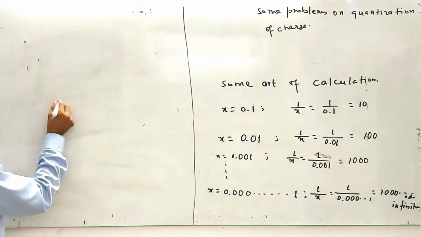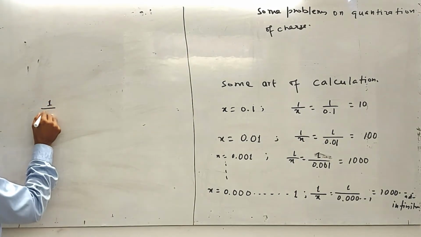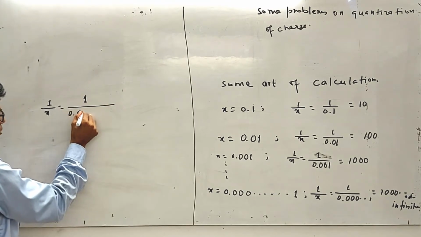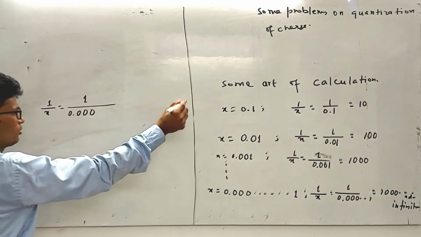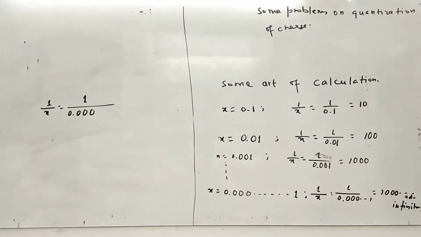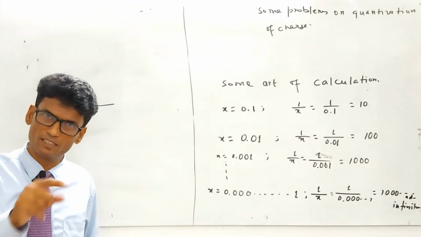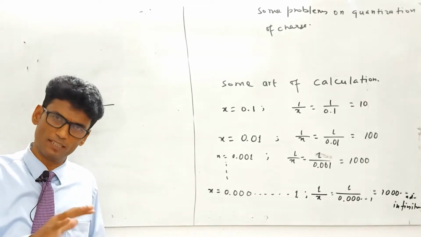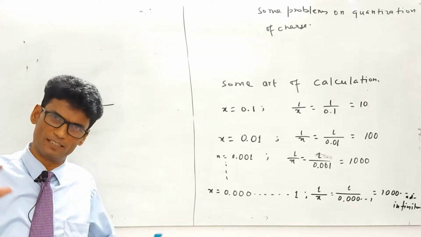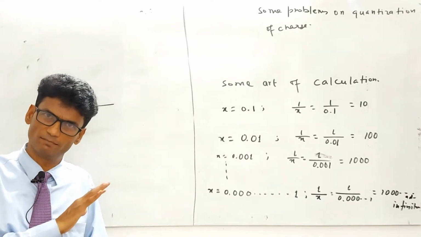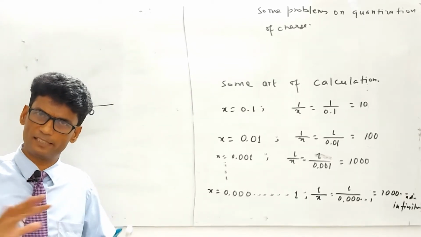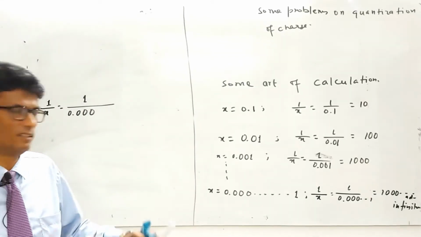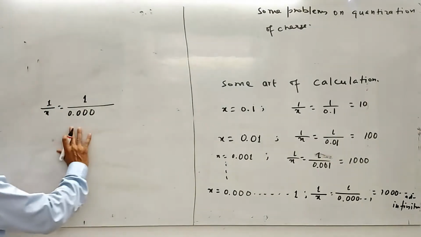So 1 by x, here 1 divided by 0.000. 0 is a digit, but not a one-digit number. However, we are working here in the denary system. There are also the nonary, octonary, heptary, hexanary, quinary and quaternary systems, and the binary system. In the denary system there are digits 0 to 9.